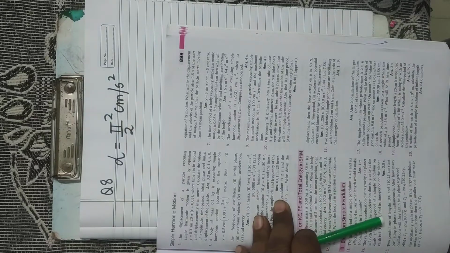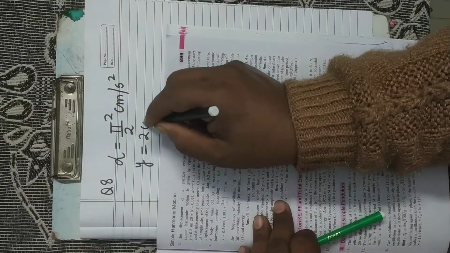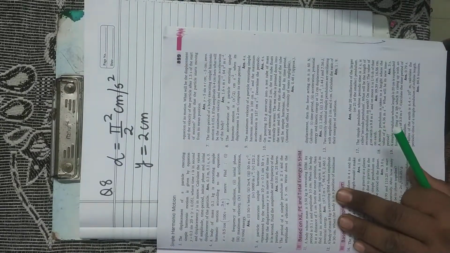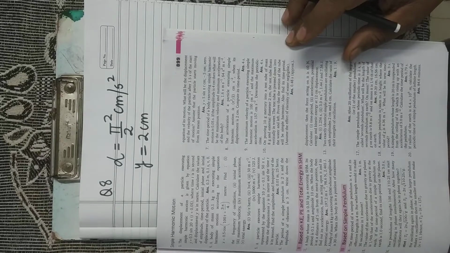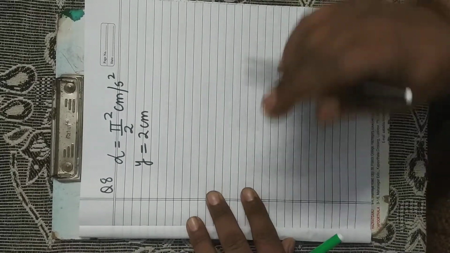When its displacement is 2 centimeter, that is, it is at 2 centimeter from the mean position, the acceleration is this much. Compute its time period. You have to find the time period T.